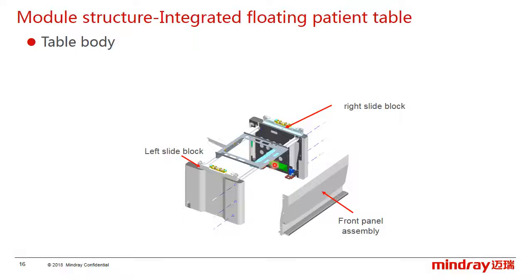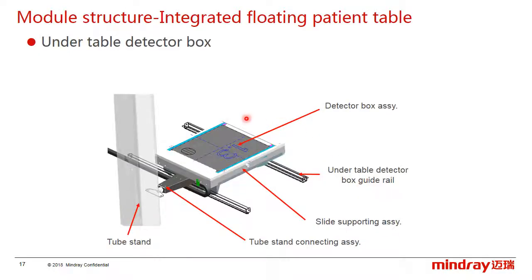Let's see the table body. The detector box and the left and right slide blocks. In the front of the table, the front panel assembly. Further, the detector box moves on the guide rail, and it can move combined with the workstand by the tube stand connecting assembly.